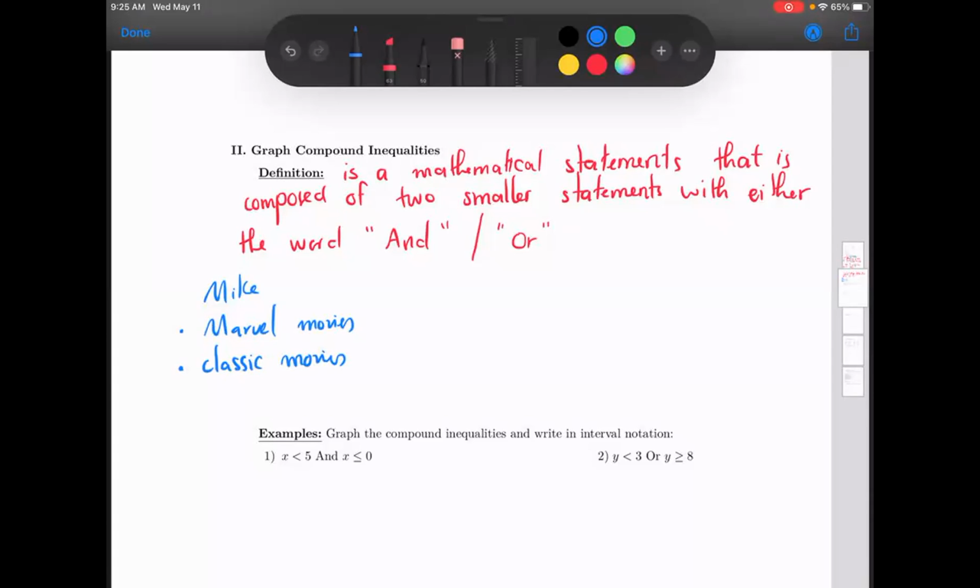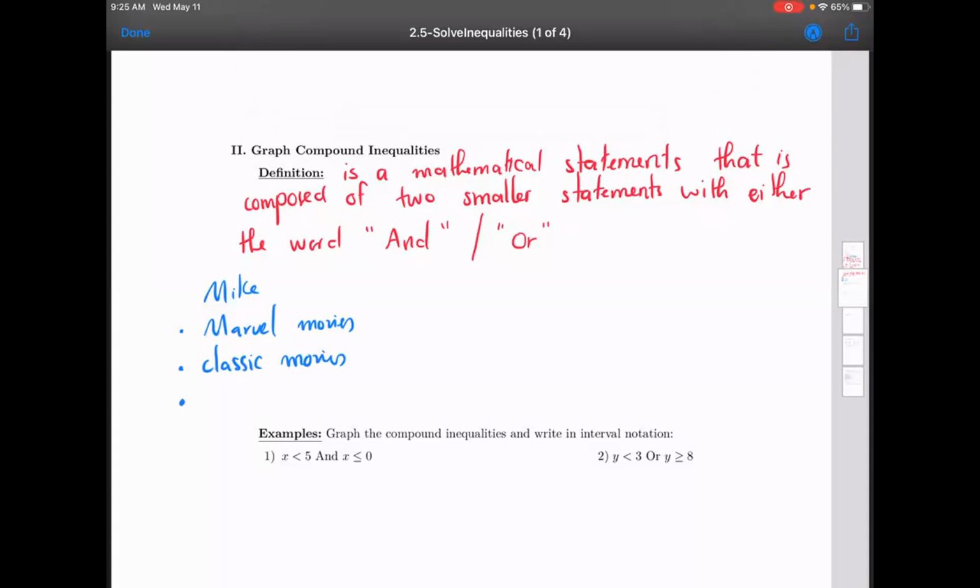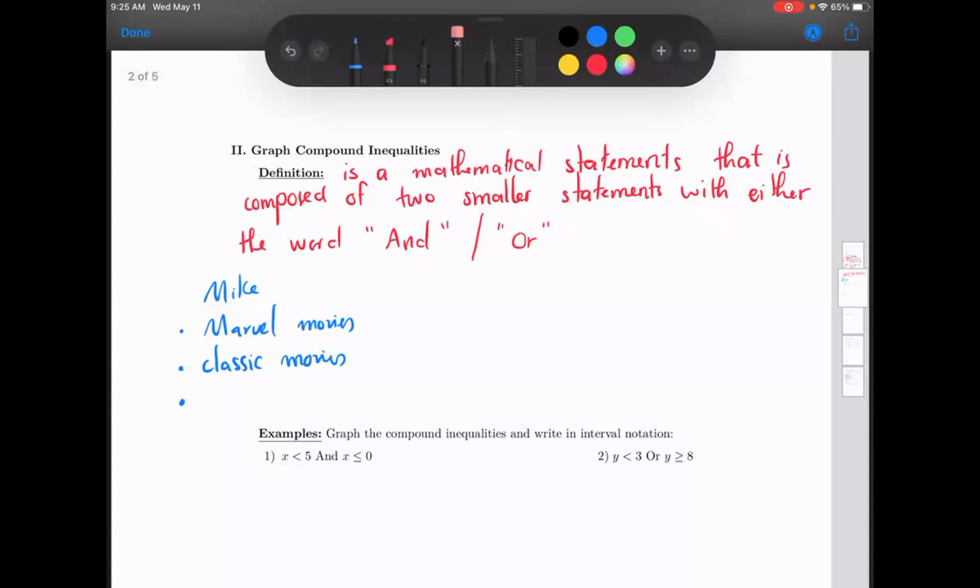I'd say Akira Kurosawa. Old Japanese, a classic movie. Anything else? What kind of TV show do you like? Such a hard question. Anything on Netflix.